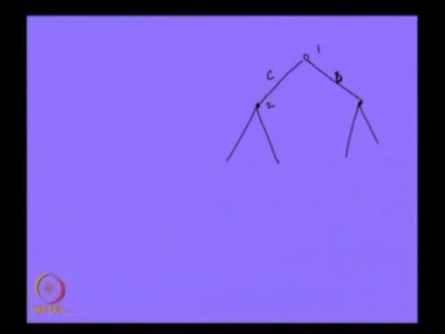So, let me take this game. There are two players here, player 1 and player 2. Player 1 has two actions in stage 1, C and D, then player 2 takes actions, and player 2's actions are E, F, G, H, and then the game ends.